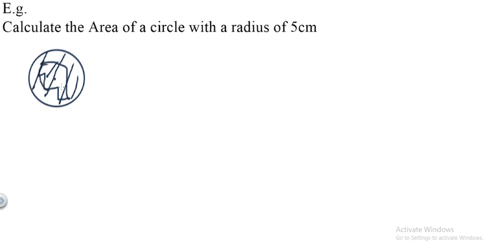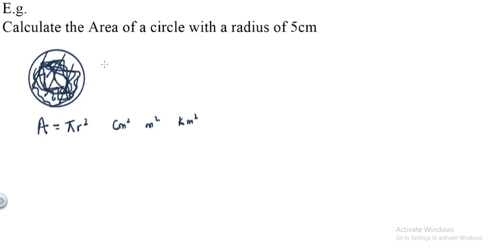Unlike the circumference, where you're looking at the outer boundary, the area is everything inside. The area of the circle is given as pi r squared, and the unit is squared, so centimeter squared, meter squared, or kilometer squared is always the unit of an area.